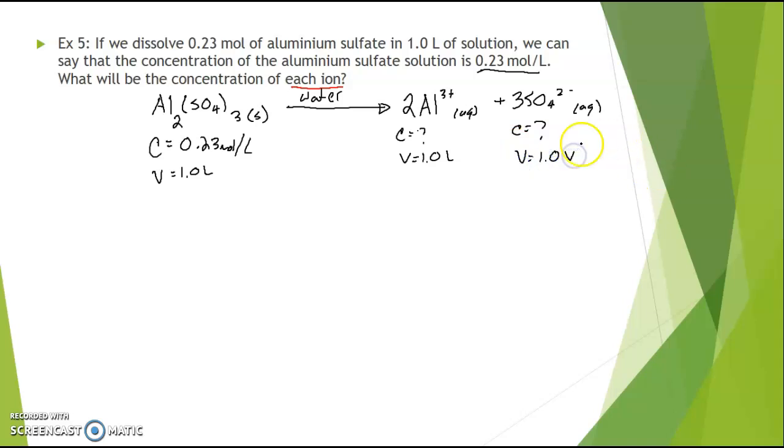So our volume is not going to change when the ions separate apart. What we're trying to find is the concentration of aluminum ions. So we start with our concentration of aluminum sulfate.